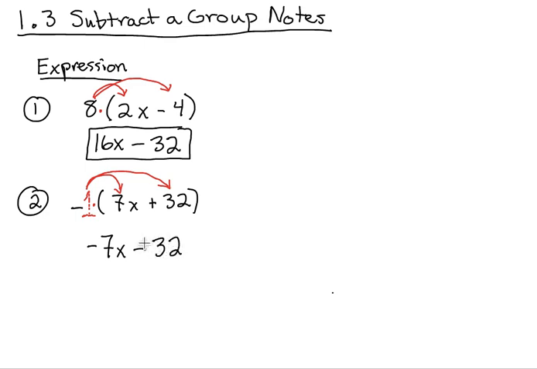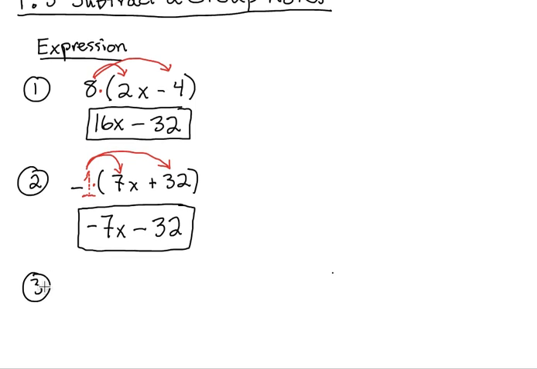And the most common mistake is to keep this as a plus 32. So we want to make sure that we watch for that. And that is the trickiest of the distributive property. Now, I call it a subtract a group because it gets a little tricky. Now, in this one, though, we'll get to those.